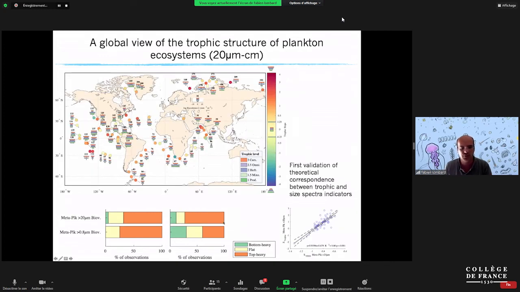And when we look at the trophic structure, we again have a high dominance of top-heavy ecosystems and still a high correlation between both. So basically all those signals display the same properties, which is a heavily predator-dominated ecosystem.